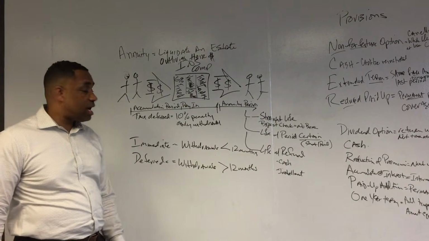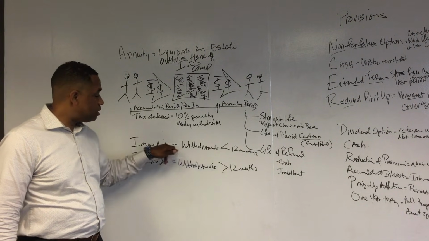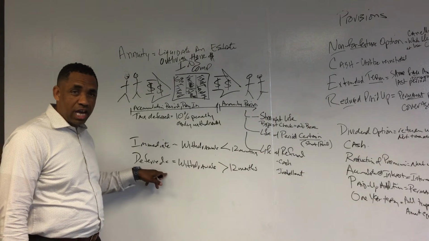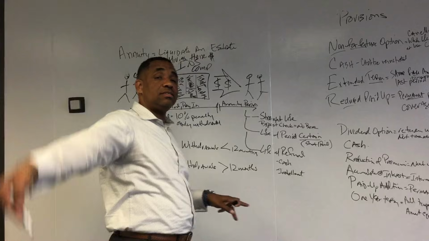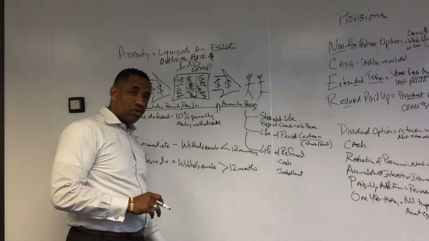Jack got $100,000, he put the money in January, he starts taking it out in February, that's an immediate annuity. Jack got an annuity, he puts the money in January, he doesn't take it out until the next February or March. Anything over 12 months, he'll be considered a deferred annuity.